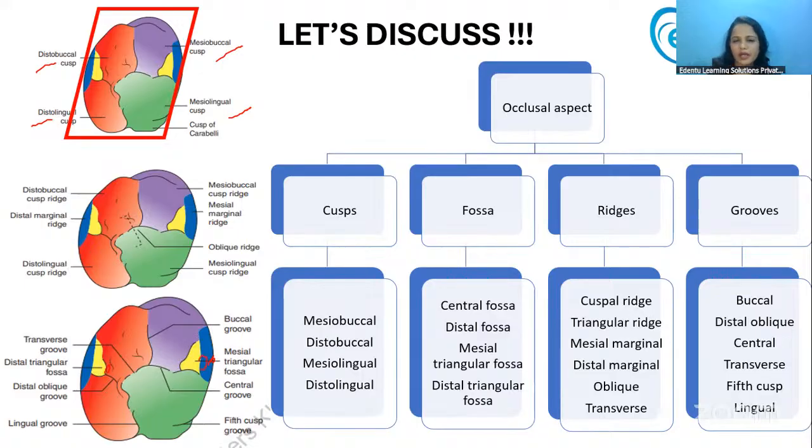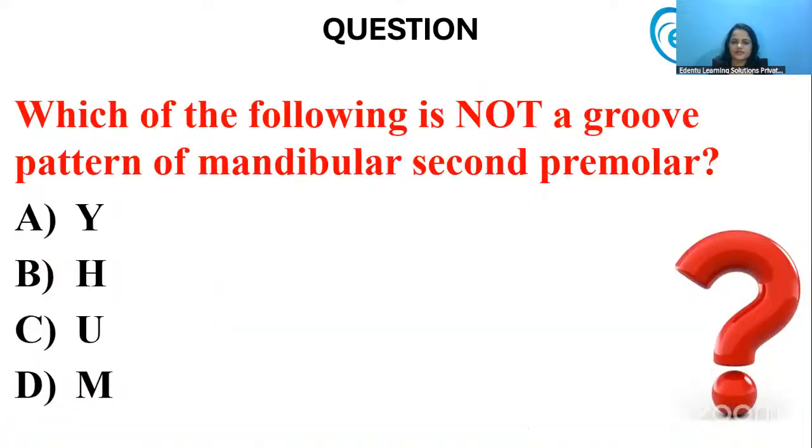And grooves like the buccal groove and the distal oblique groove and central grooves will be present in this occlusal aspect of the maxillary first molar also. But if you look at the whole shape of the tooth, it will usually be rhomboidal. The sides are usually parallel to each other. Rhomboid shape is commonly seen in the occlusal aspect of the maxillary first molar.